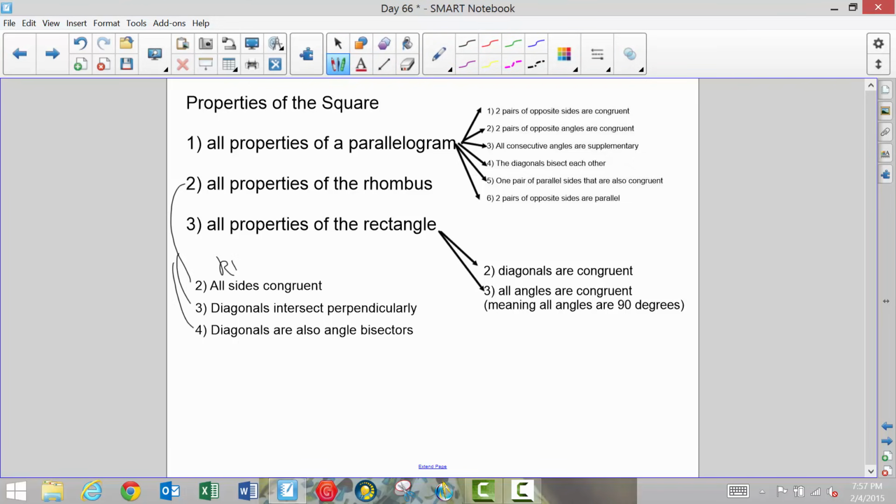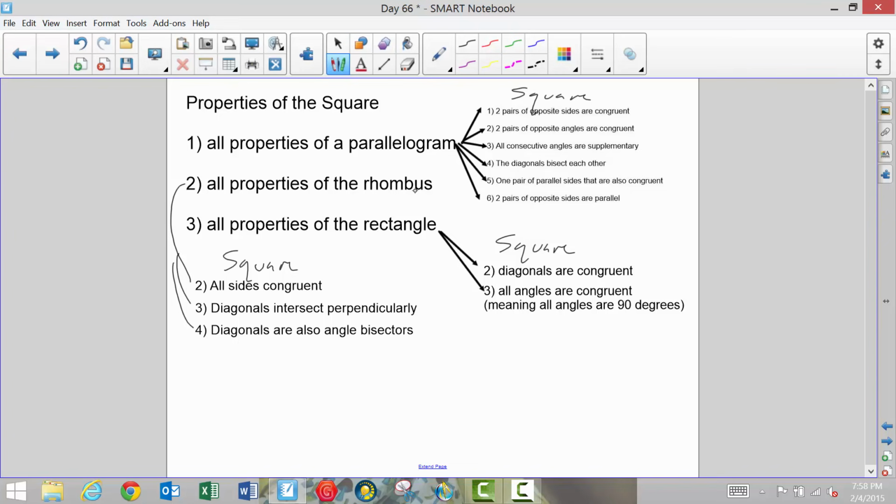So here's our rhombus, but we're not going to get you confused. This is also square. This is square properties. So you have to memorize your 6 properties for the parallelogram.